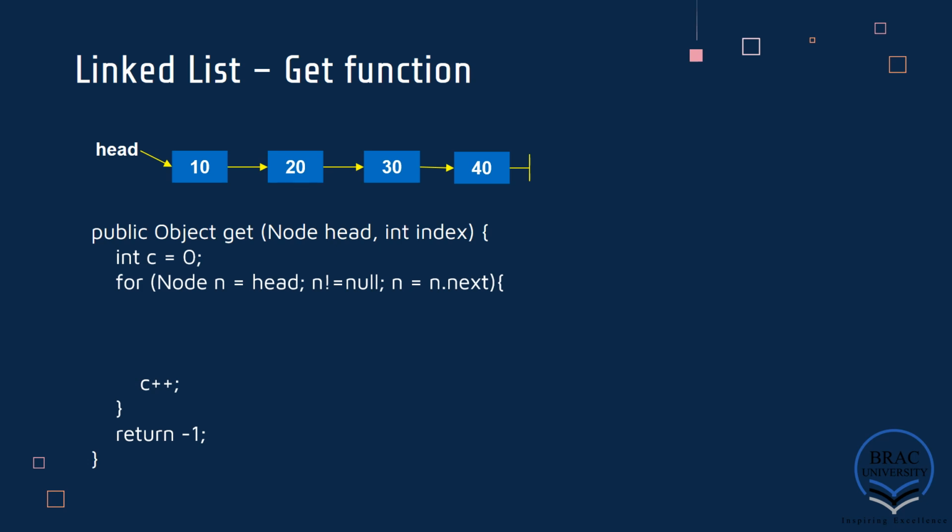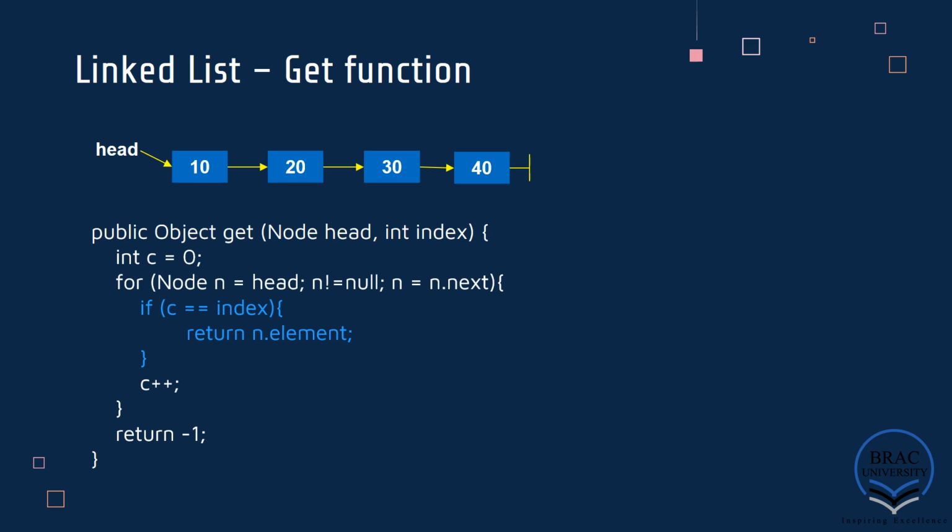What I have to do is look if my counter got to the index. If the counter and the index value are the same, it's going to return the value that is inside the node, which resides in the element field. So it will return n.element. If the index is invalid, in that case it will return -1.